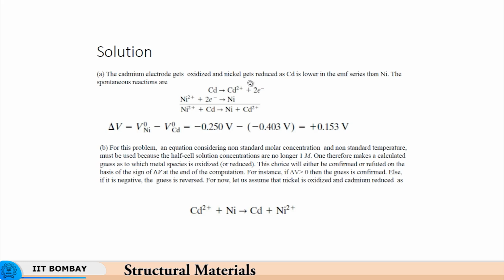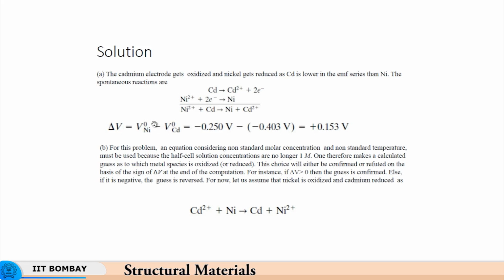So, Cd gets oxidized to Cd2 plus and 2e minus, and Ni2 plus gets reduced to nickel. So, the total reaction is Ni2 plus plus cadmium gives Ni plus Cd2 plus. So, that is the overall reaction. So, the corresponding voltages are given by the cell potential with respect to hydrogen. So, V naught Ni minus V naught Cd.